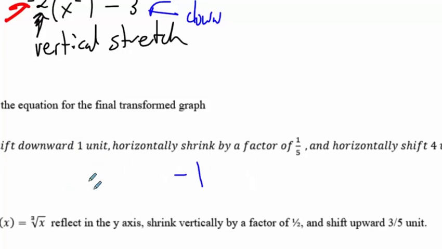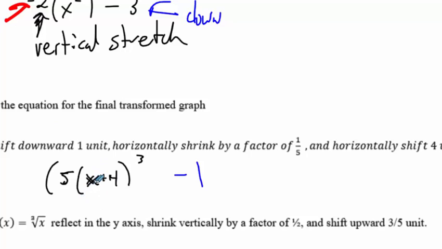Well, remember, anything horizontal is opposite. So I'm going to put something here, and I got a cube there. This would be multiplied by 5, and here's my x, that would be part of the x cubed. And horizontally shift left 4, so this has to be plus 4, and a 5 multiplied out there, out front.